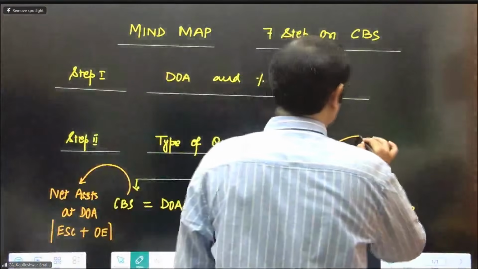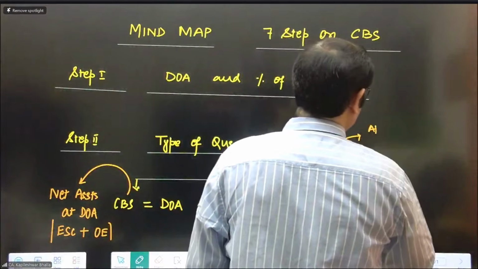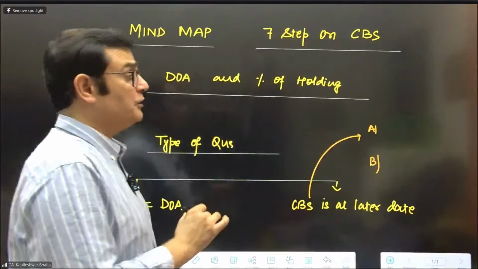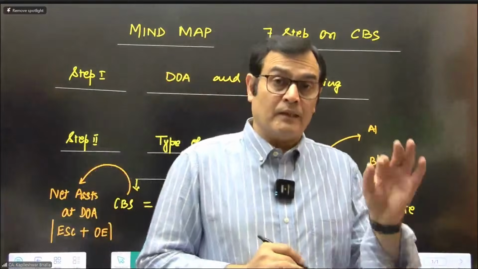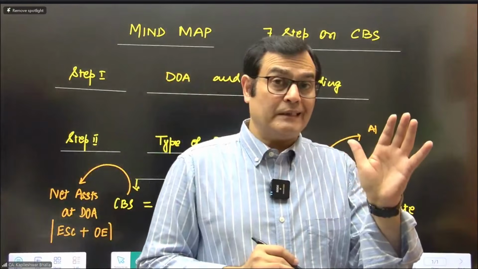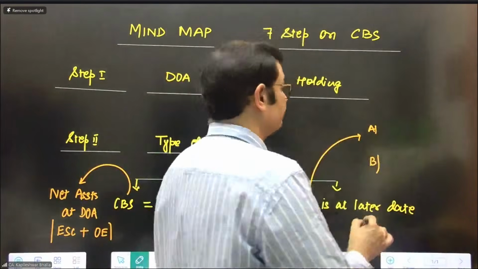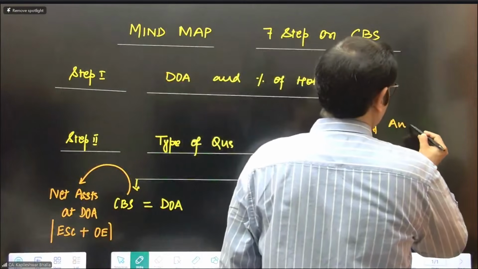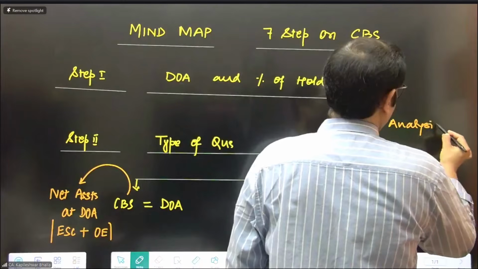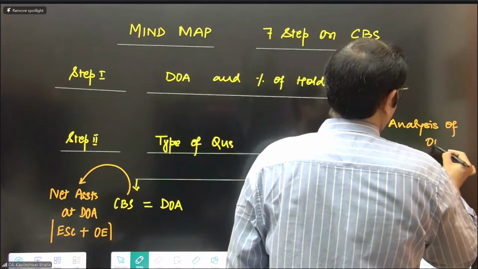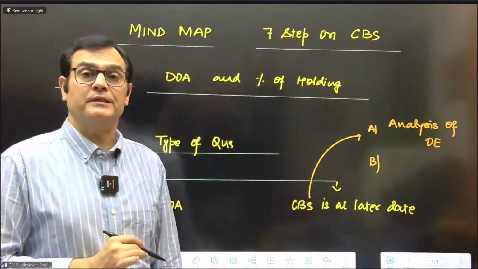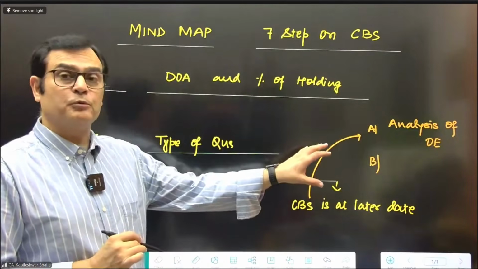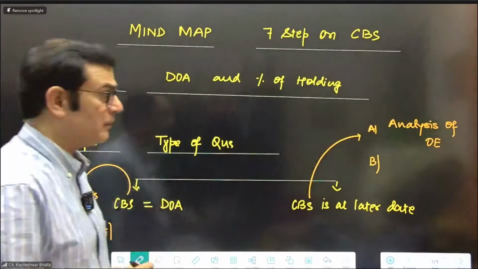Now, when the consolidated balance sheet is prepared at a later date, then you need to segregate your step number 2 into 2 sub-steps. The first would be the analysis of other equity. The subsidiary company's other equity is to be split into pre and post. I'll come to the inputs, the considerations to be applied.